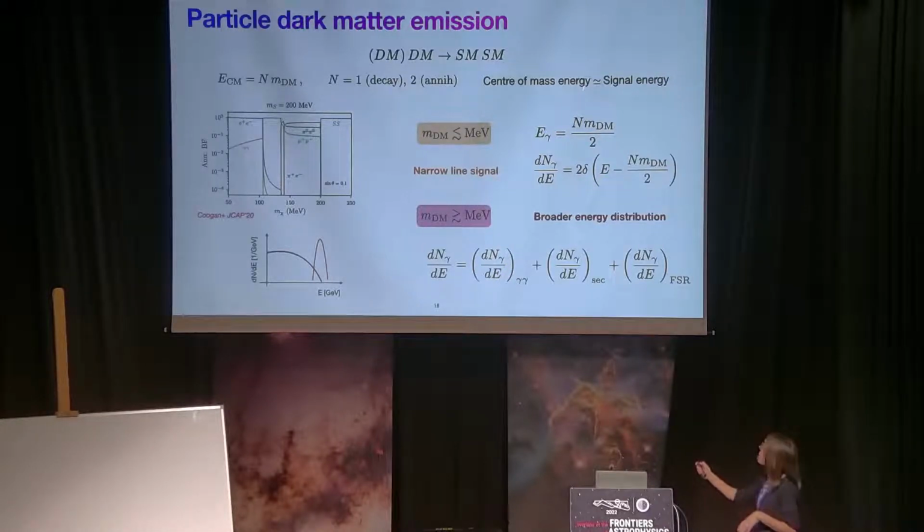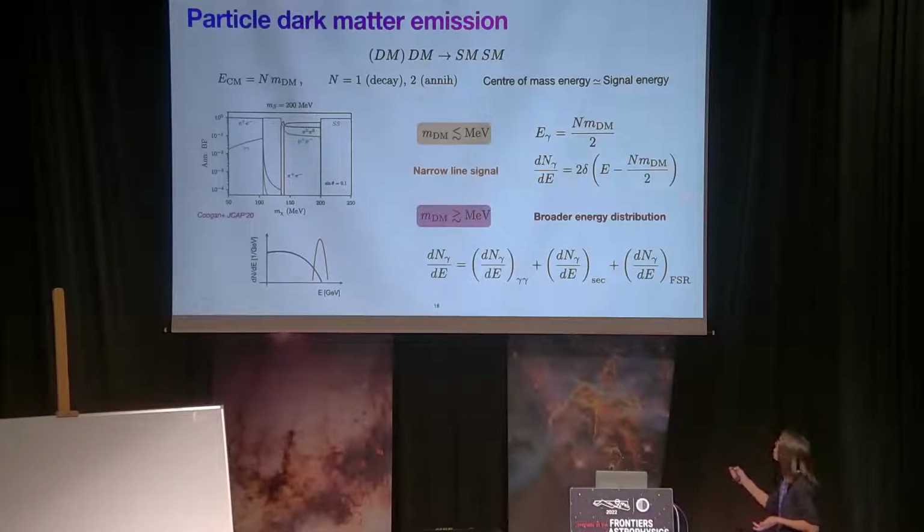So you have a direct link between the center of mass energy, the mass of the dark matter particle, and the energy scale where your photons would arise. So if dark matter is below the MeV, it cannot produce anything more than photons.